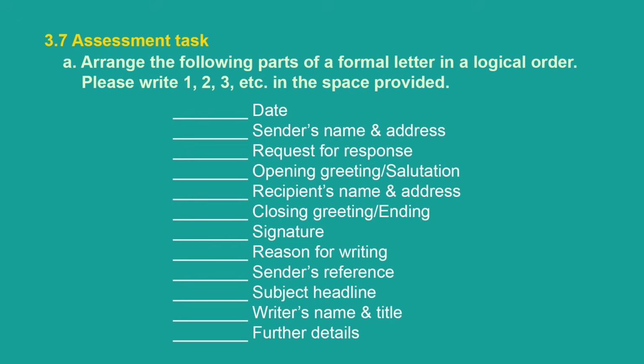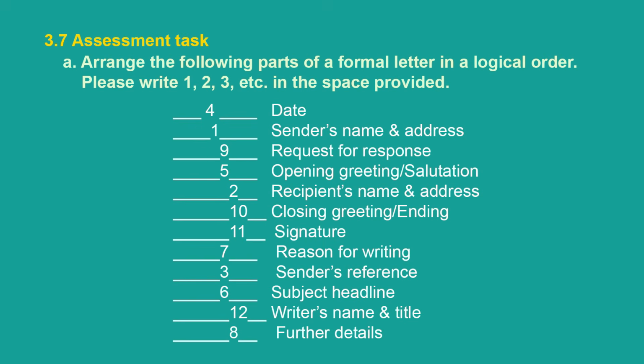Can we now check the answers together? A. Arrange the following parts of a formal letter in a logical order. Please write 1, 2, 3 etc. in the space provided. Date is number 4. Sender's name and address number 1. Request for response number 9.